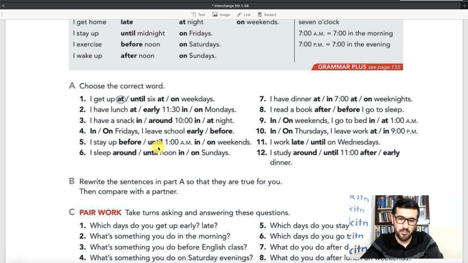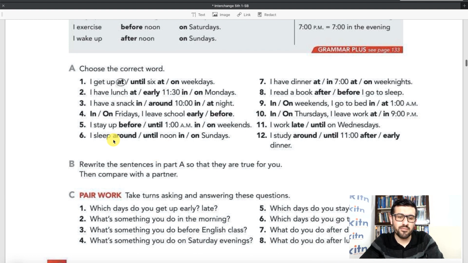So, if that was like... and we have in on weekends, so I said on weekends. I sleep around noon on Sundays.